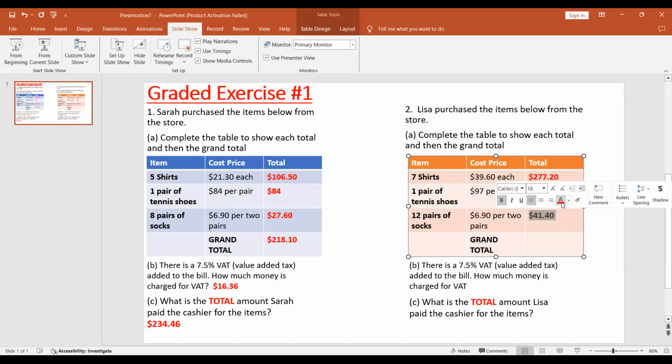Very good. Let's add them all together. $41.40 plus 97 plus $277.20. So our answer is $415.60.